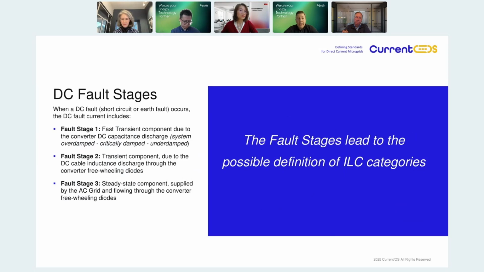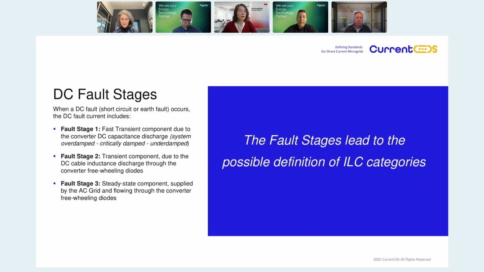And in fault stage 2, it is still a transient component, due to the current flowing through the freewheeling diode of the interlink converter. The first stage is affected basically by the ratio among the inductance, resistance, and capacitance of the system. Fault stage 2 can be present or not.